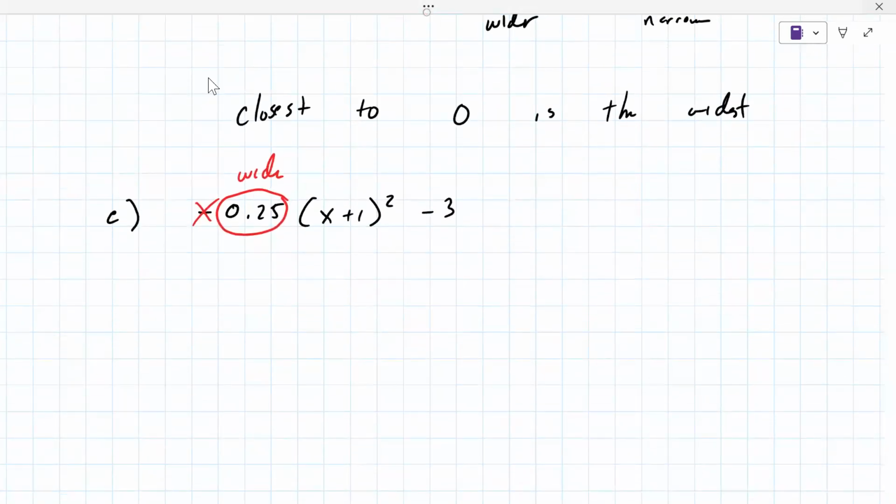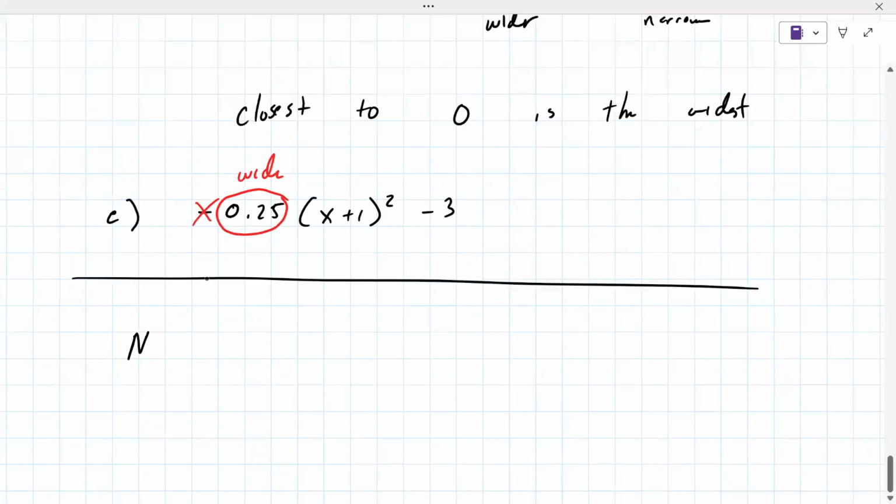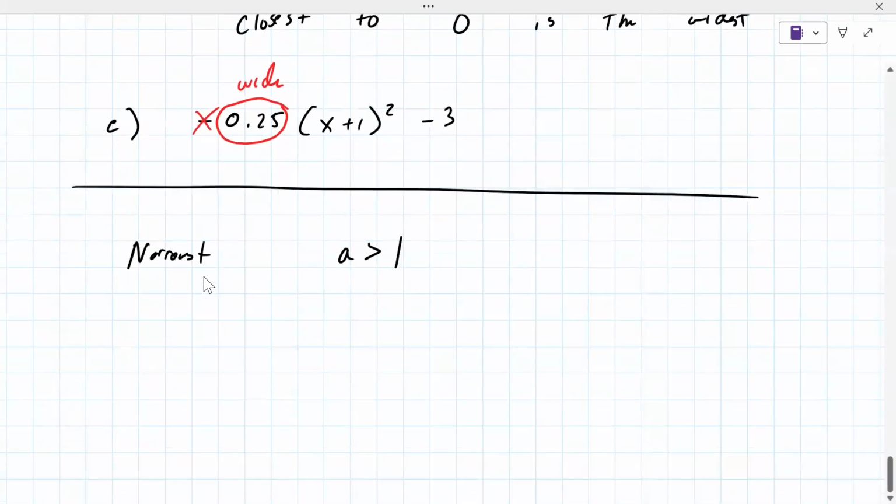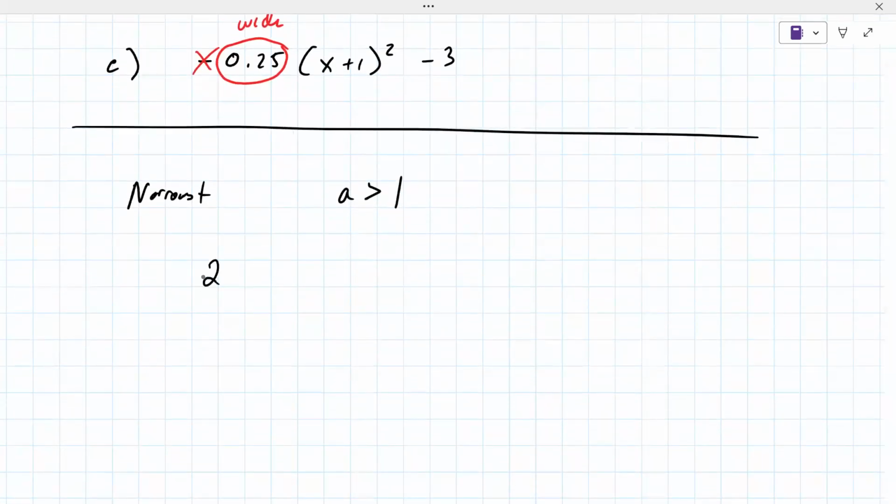You can also do the narrowest. So a greater than 1. Here's your classic problem, like 2x squared, 3x squared, minus 5x squared. Again, you ignore the sign and you just look for the biggest a.